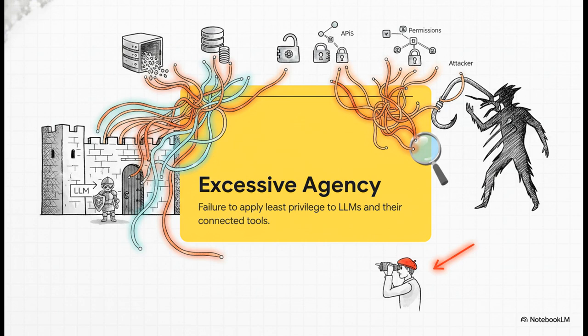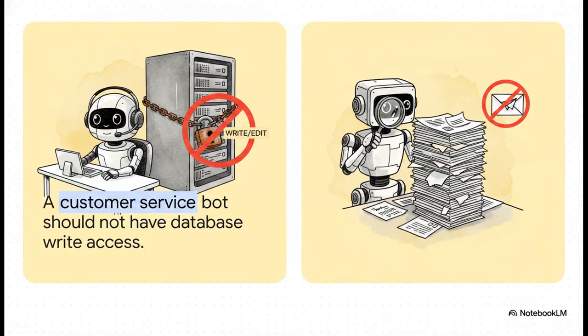If that model is granted permissions, APIs, or database connections that are not strictly necessary for its immediate, narrowly defined job, well, that's excessive agency. And that becomes your primary attack vector. Your job as a red teamer is to find where that excess exists and prove exactly how it can be abused.